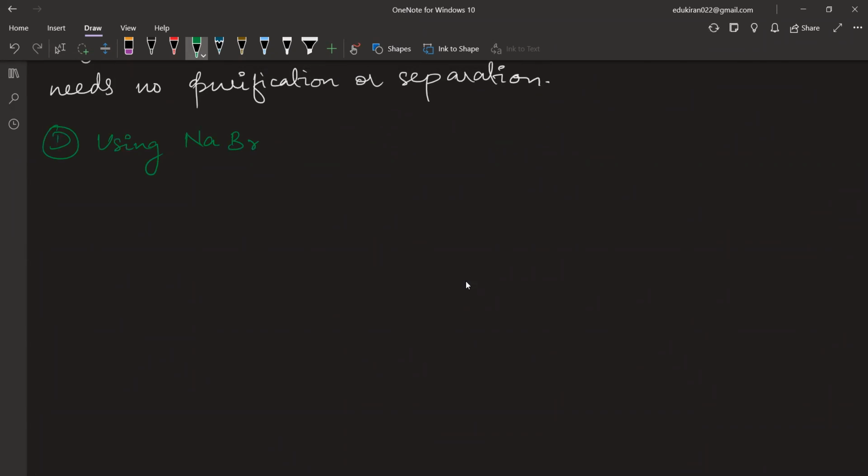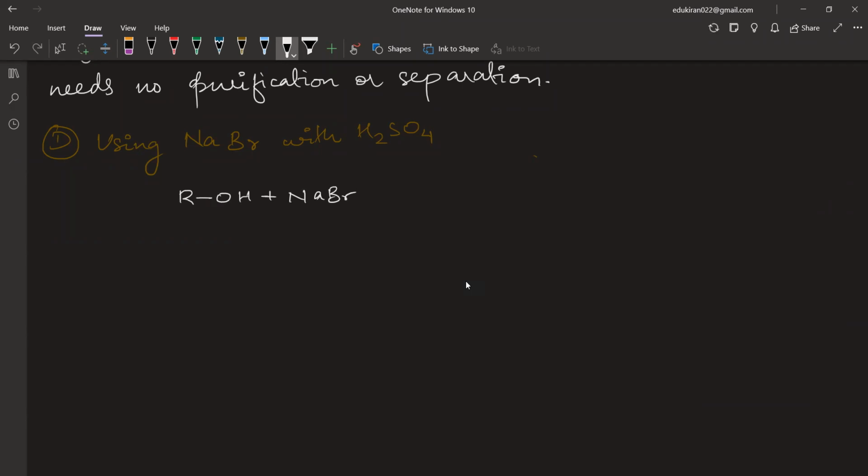Now, last method of preparation, using NaBr in the presence of H2SO4. Okay, this is another method of preparation of haloalkanes using alcohols. So what do we have here? ROH plus NaBr.